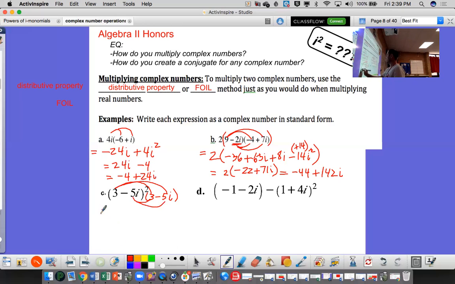So I'm going to get equal to here 9 for 3 times 3, minus 15i, and then another minus 15i, and then plus 25i squared. Negative 1. So this would be negative 25 technically.